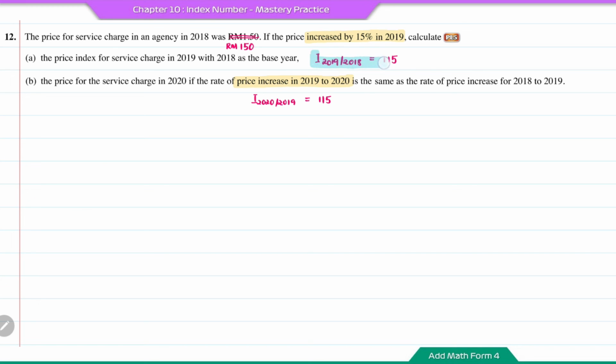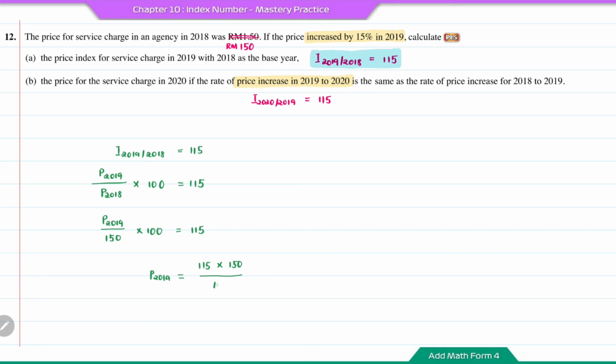First we can use this information to find the service charge in the year 2019. So P 2019 over 150 times 100 is equal to 115. So P 2019 is equal to 115 times 150 divided by 100, which is equal to RM 172.50.